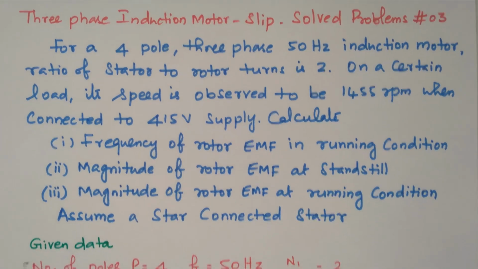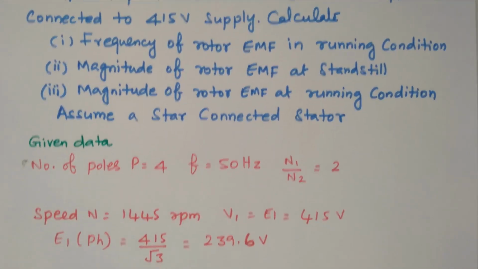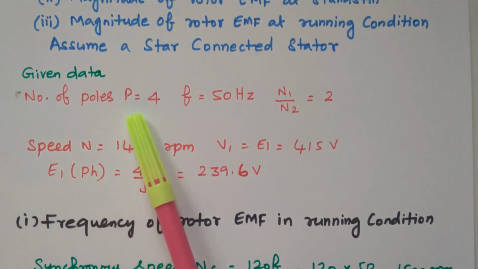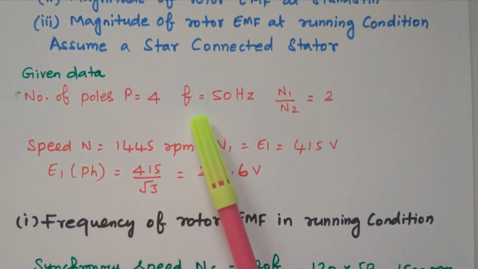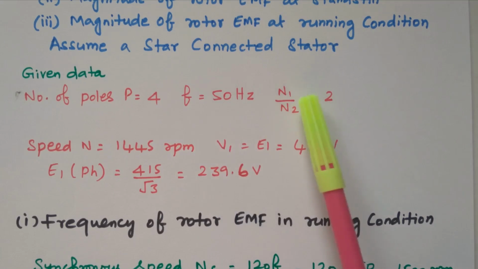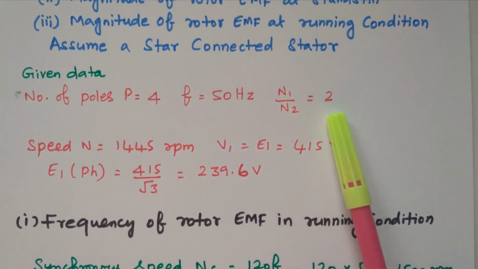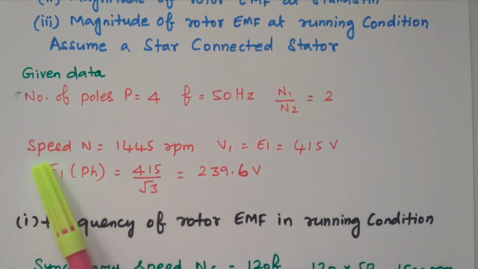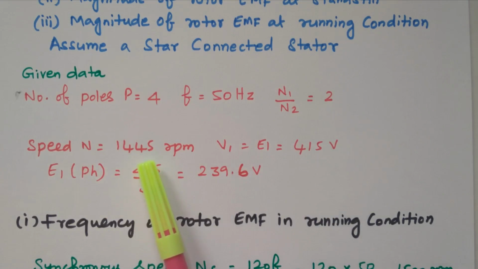So first we will analyze the given data. What are the data available? The number of poles is 4. The frequency of the supply is 50 Hz. The ratio between stator and rotor turns is 2. The speed is 1445 rpm.